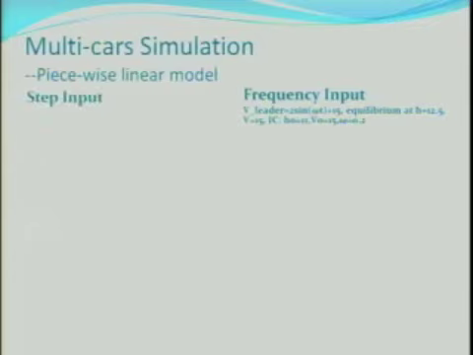As to the multi-car simulation, we'd like to show you how serious the overshoot issue is. We apply a piecewise linear model for multiple cars and pick 6 cars as an example. First of all, we set the step input for the leader to be 15. The linear model tells us the equilibrium is at h equal to 12.5 and v equal to 15.